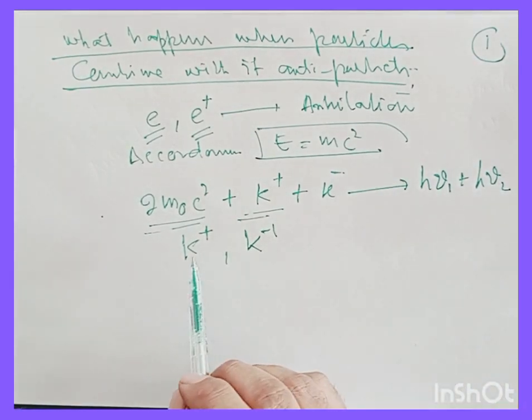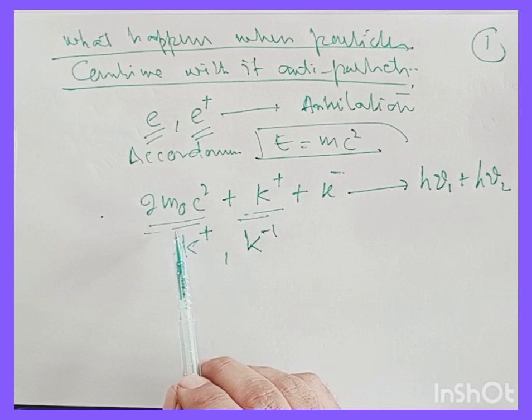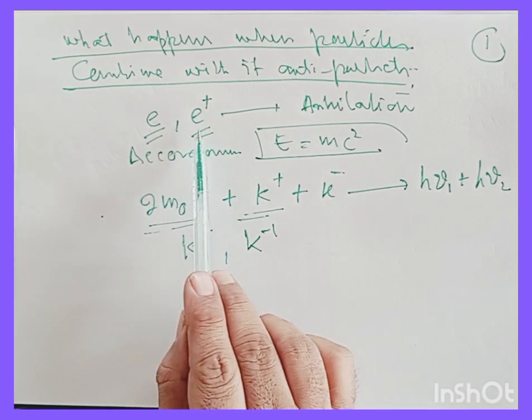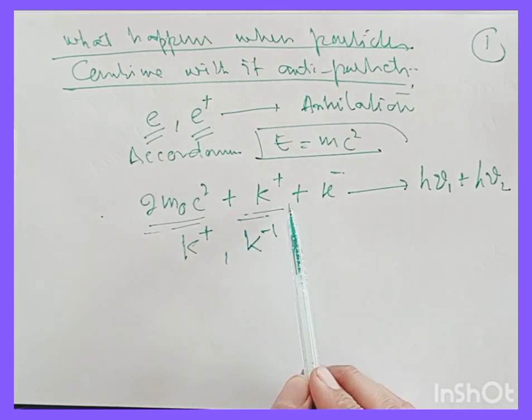So m naught is the mass of the particle as well as the mass of its antiparticle, and k plus and k minus are the initial kinetic energies, respectively.